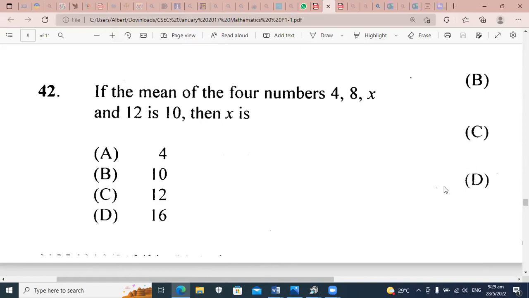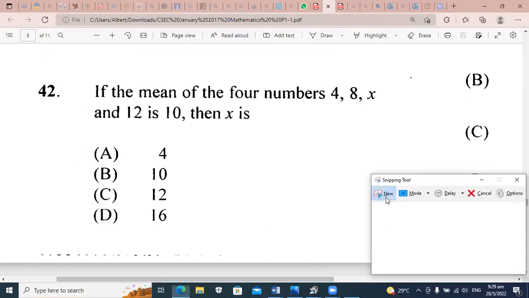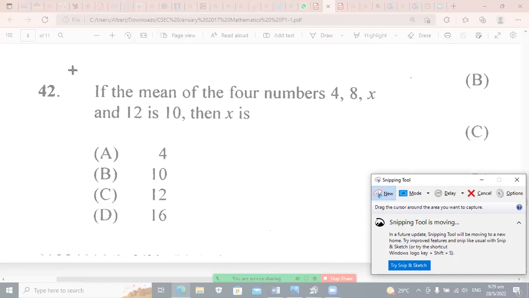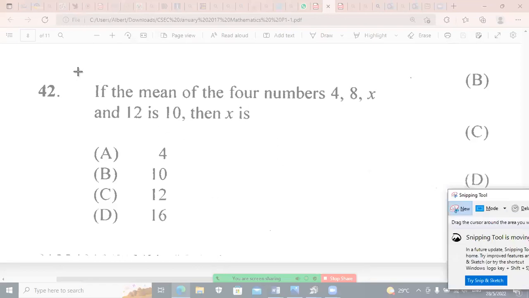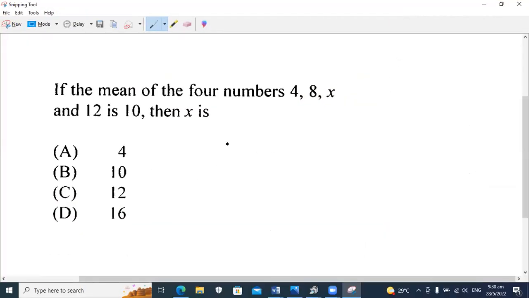And they tell you that the average is equal to 10. So it's like you have 4 plus 8 plus a number that we don't know plus 12.